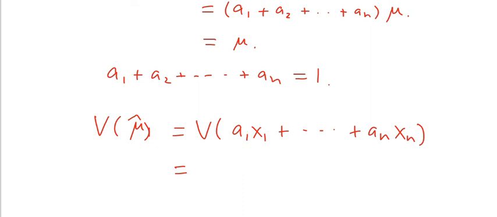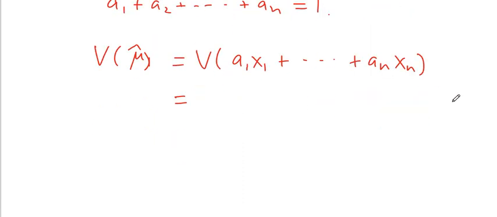Let's say we have the variance for a x plus b y, where x and y are random variables. If they are independent, then we have this formula, where the coefficients get squared.